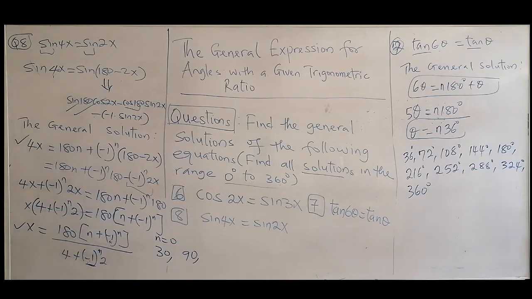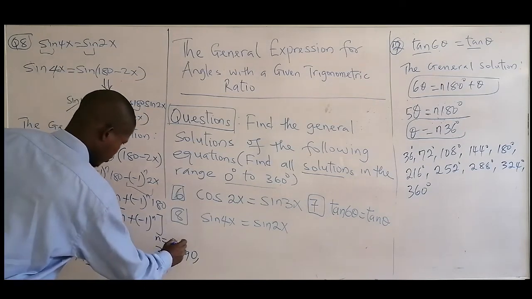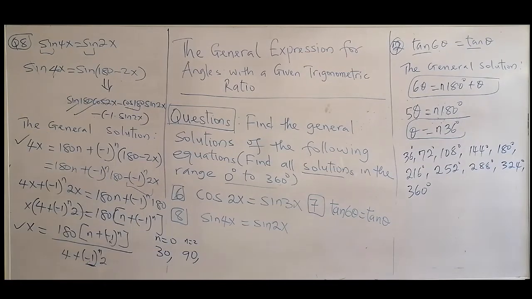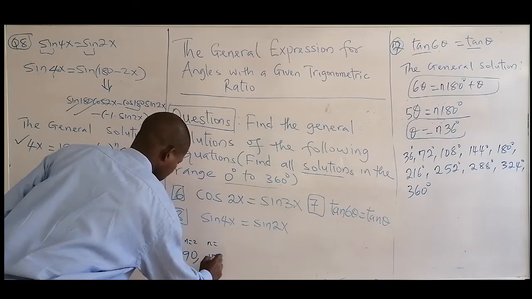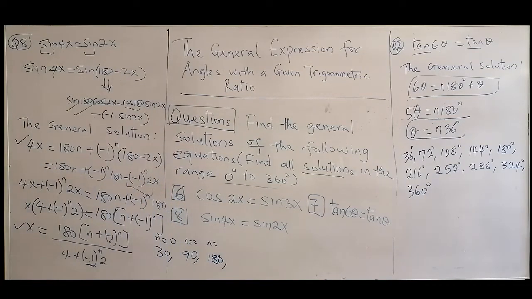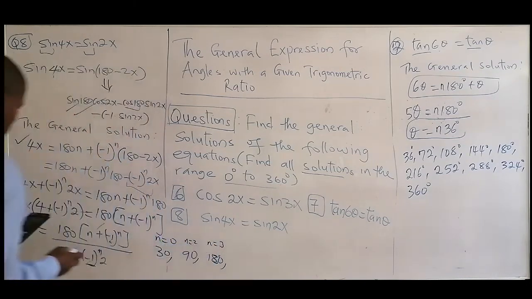So n equal to 3, it's giving us 180. When n is 3, this one will cancel out, so that's 180.